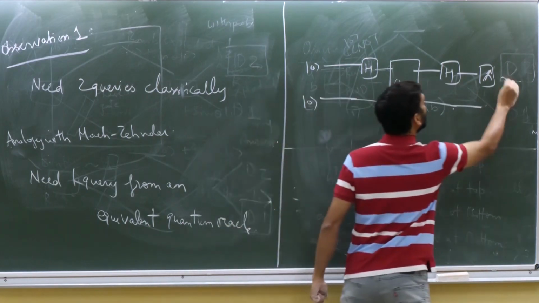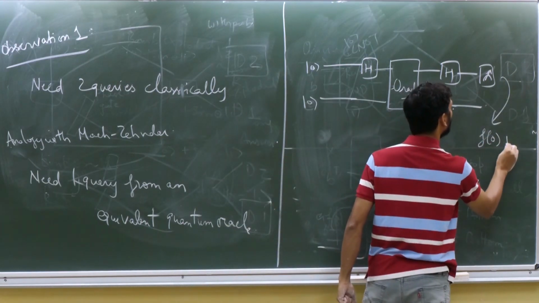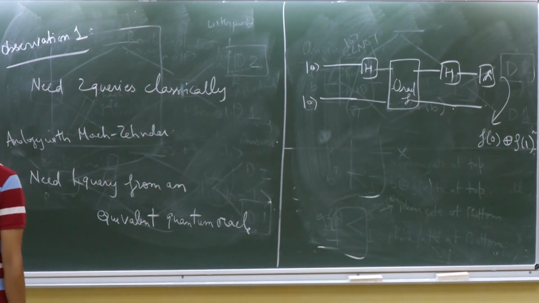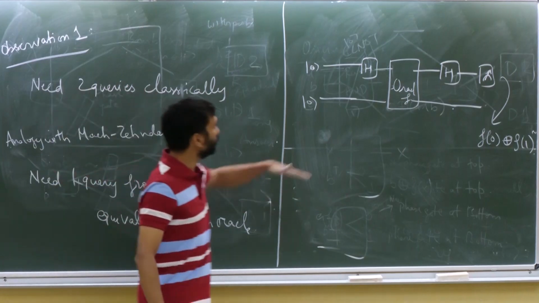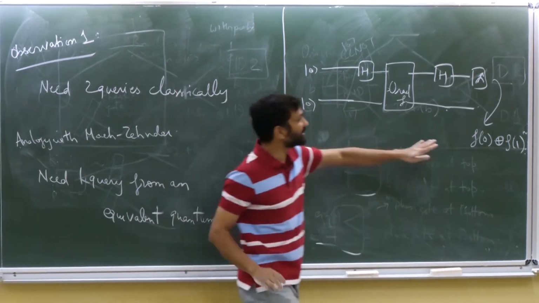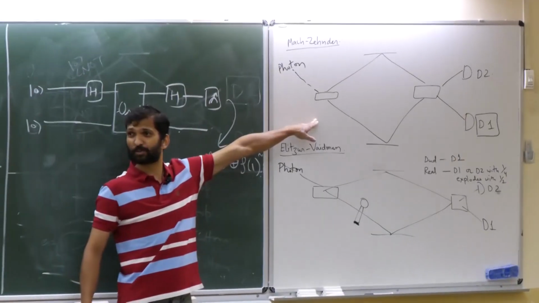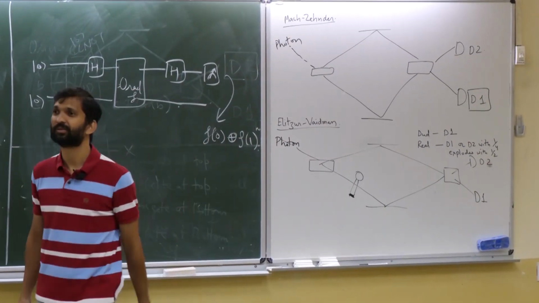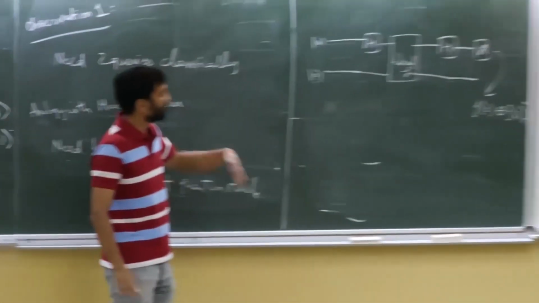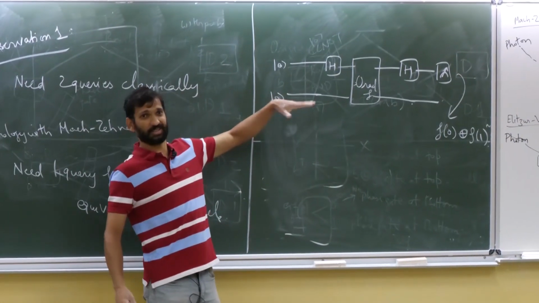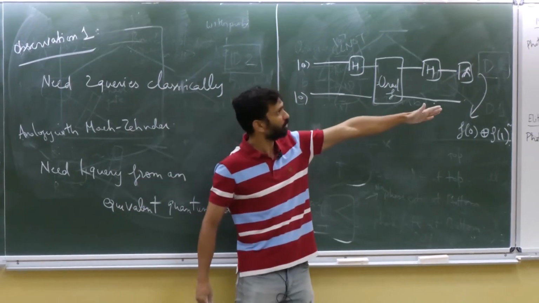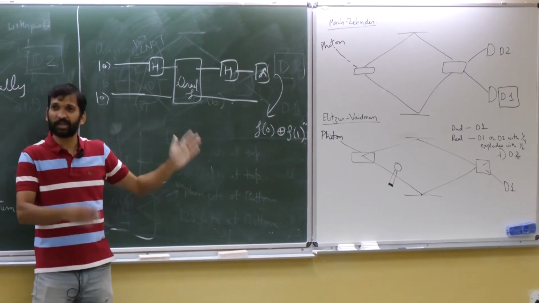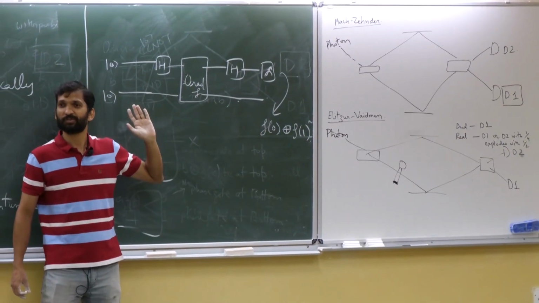This will actually give me, and if you notice, this is exactly the same as this picture with the phase replaced by the oracle. So the reason why we are able to come up with this circuit is because it is just replacing Mach-Zehnder. And we have seen Mach-Zehnder converting into a circuit. We have done it 1,000 times.